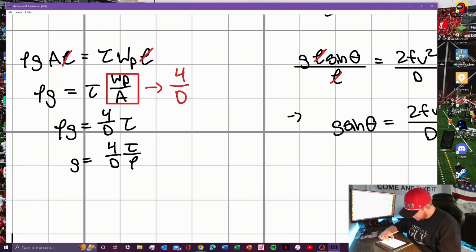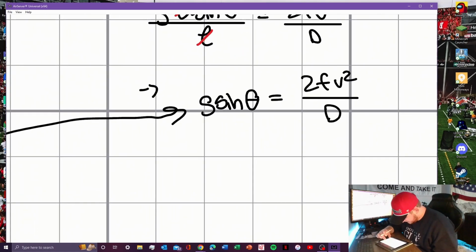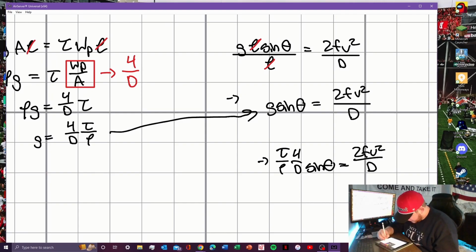And we can actually substitute this for G over here, which leaves us with tau over rho times 4 over D sine theta equal to 2 V squared over D. These D's will cancel.